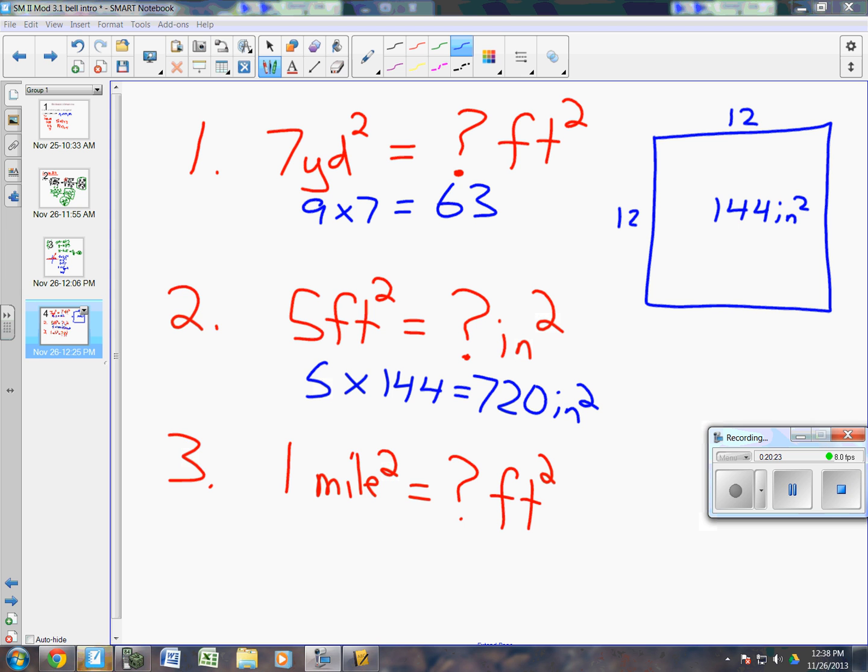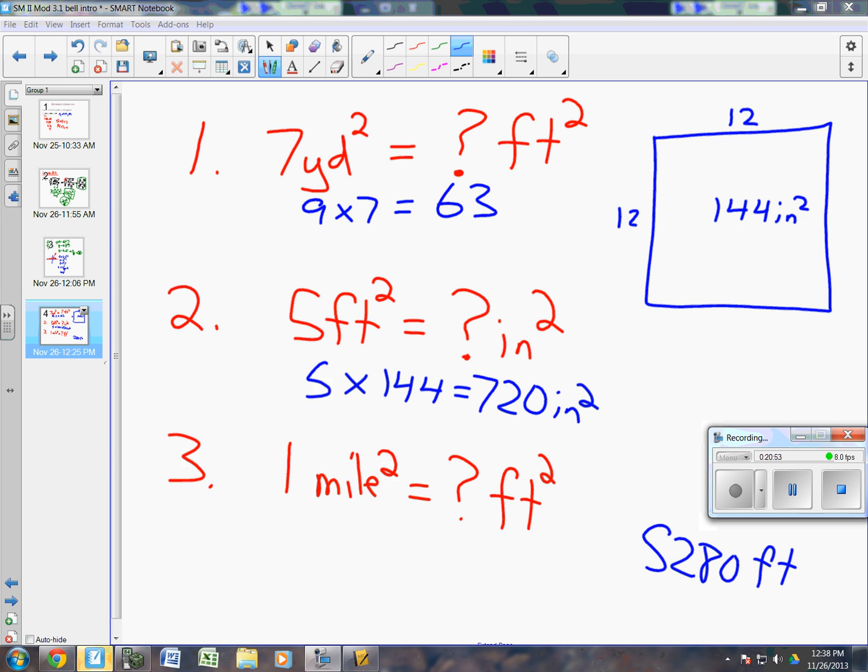square inches. Okay? What about 1 mile? How many square feet in a mile, by the way? How long is a mile? How many of you knew off the top of your head that a mile is 5,280 feet?